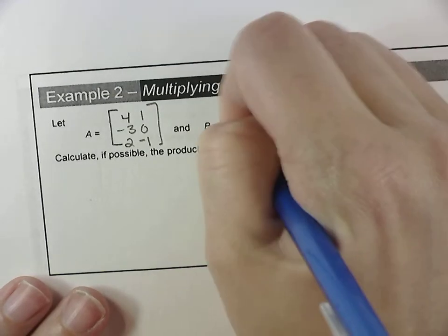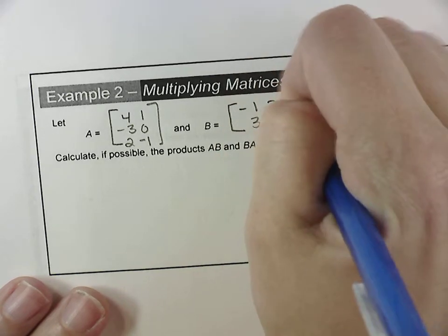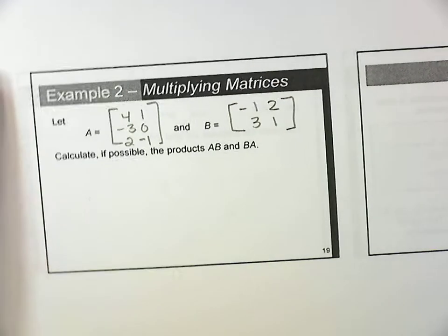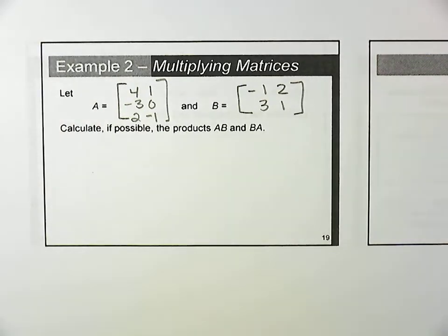And we're going to let B be negative 1, 2, 3, 1. And then it says to calculate the products if possible.